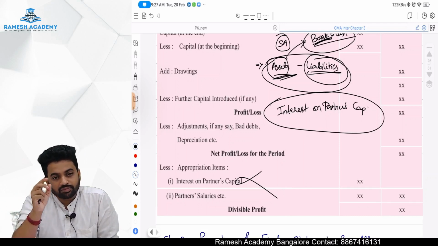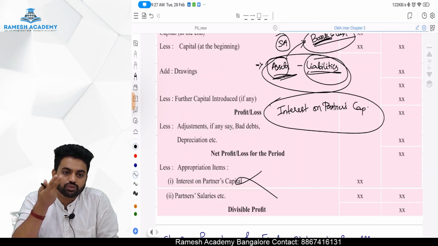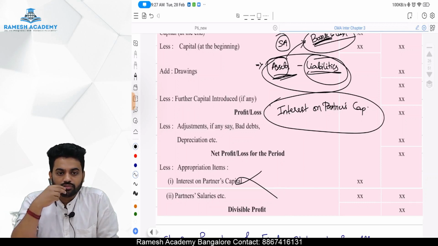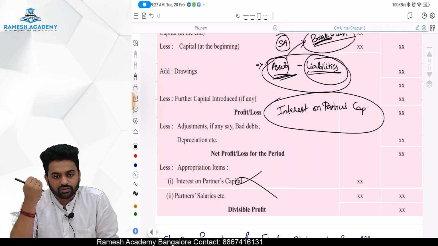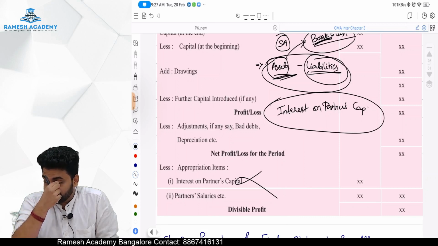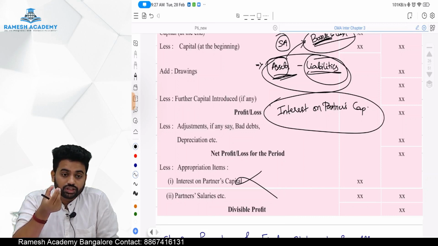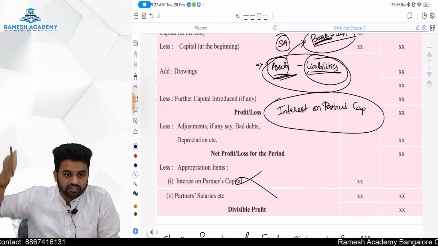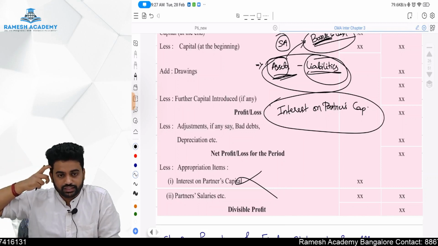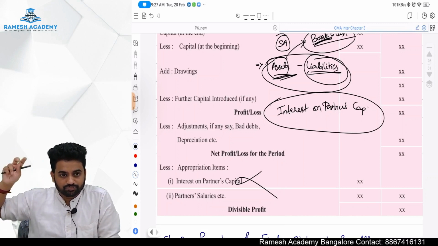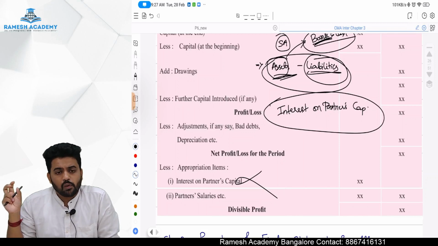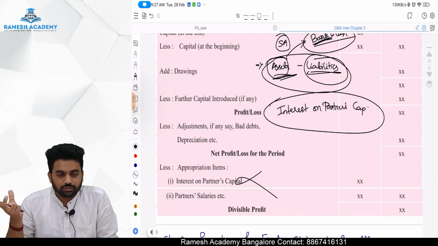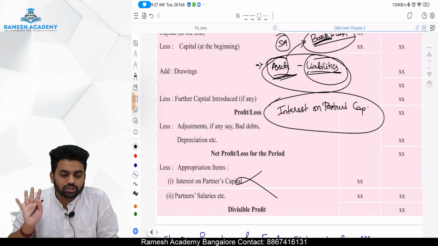Only items like depreciation, because depreciation won't get affected. Usually when they give the details of their asset, I told you, the vendor who sells flowers and fruits, if he is having some shelf or a refrigerator to keep his items, he will not care about depreciation and all.